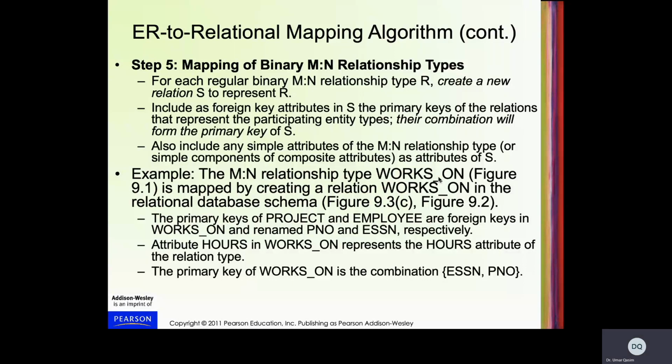So in this case, we create a new table, works on. We take the employee SSN and we take the project number and put them as foreign keys in this works on table. Also, we add any attributes that are associated with this relation, and we put them in that new table.